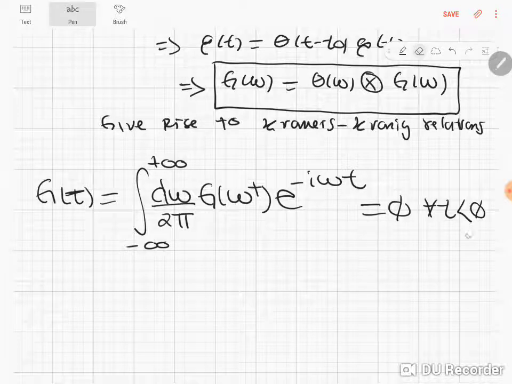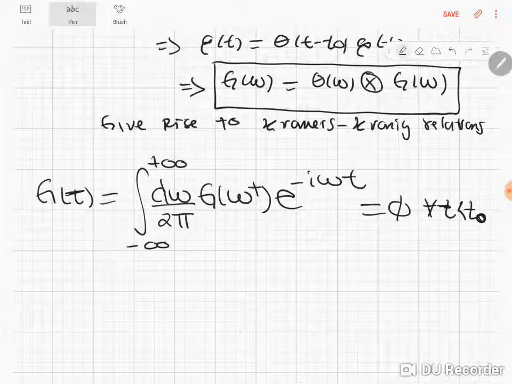So let's just keep the convention we had, which is less than 0.